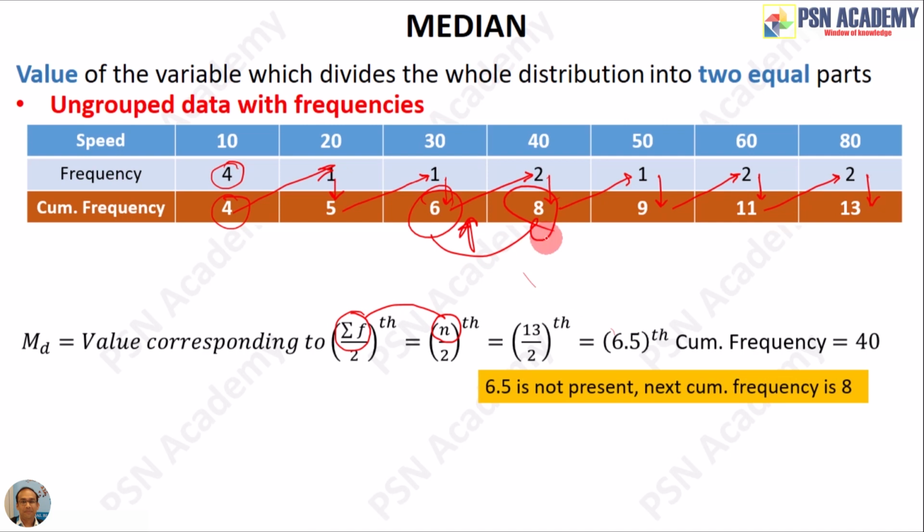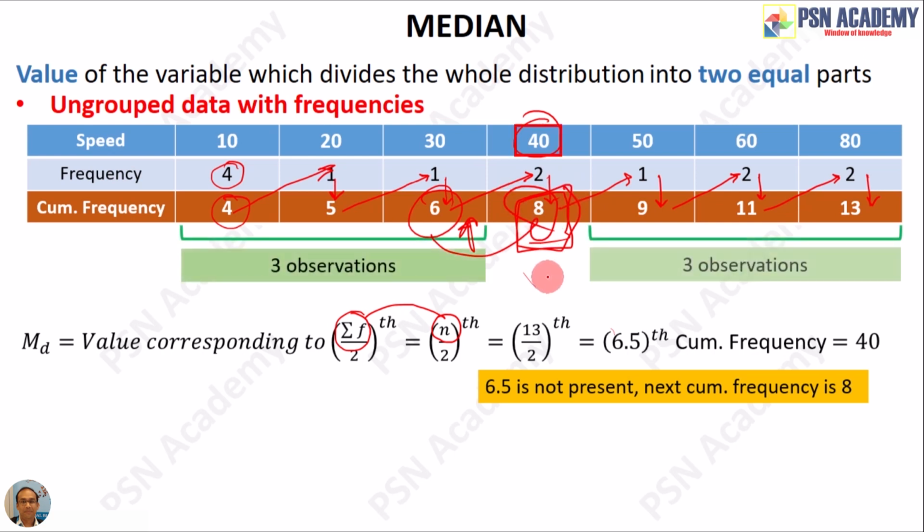So in that case you will take the next cumulative frequency for finding the median. So this cumulative frequency will be considered, and the value there is 40. So we say that the median of this dataset is 40. Here also you notice the same thing. The number of observations on the left hand side of this median is equal to the number of observations on the right hand side of the median.